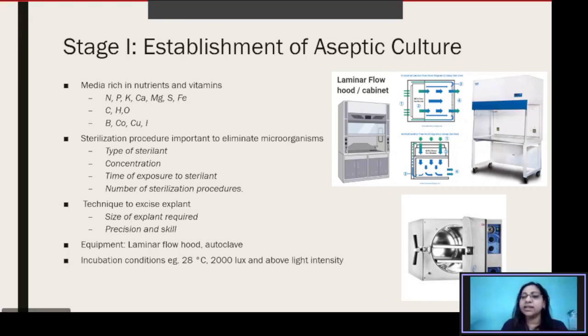The surrounding air is pulled into the cabinet and pushed through a HEPA filter, and sterile air is blown across towards the operator. I'll show you a video of it in a little while.